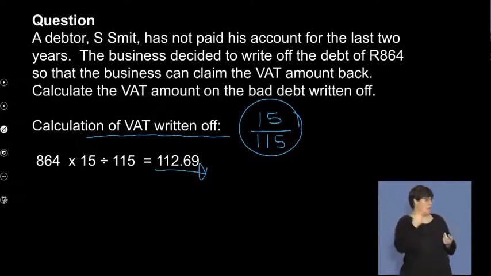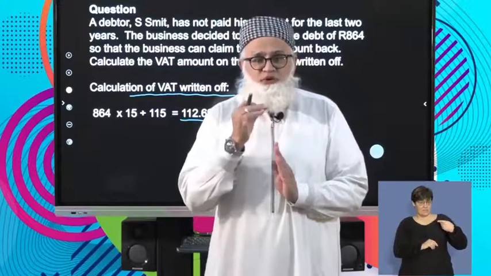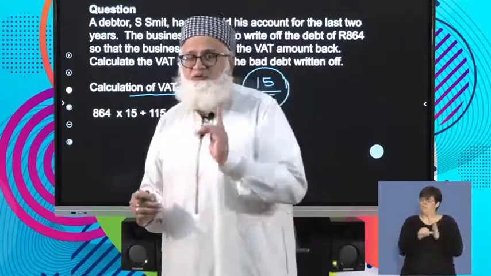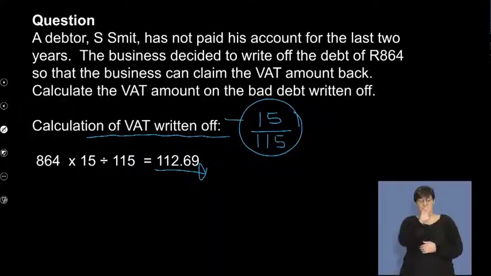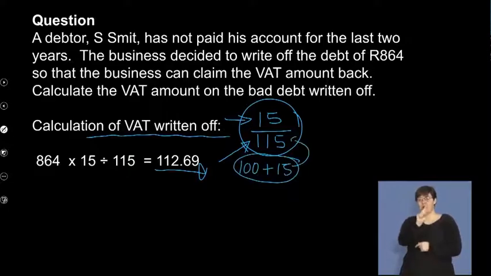Now look at what we've done. The first important part of the calculation was the fact that we used 15 over 115. Let me explain that because of its importance. 15% is the VAT amount, right? And included in this total amount that the debtor owes us is the 115. Where does this 115 come from? It comes from the 100% plus the 15% of VAT. So when you're doing your calculation, you want to extract the VAT amount.